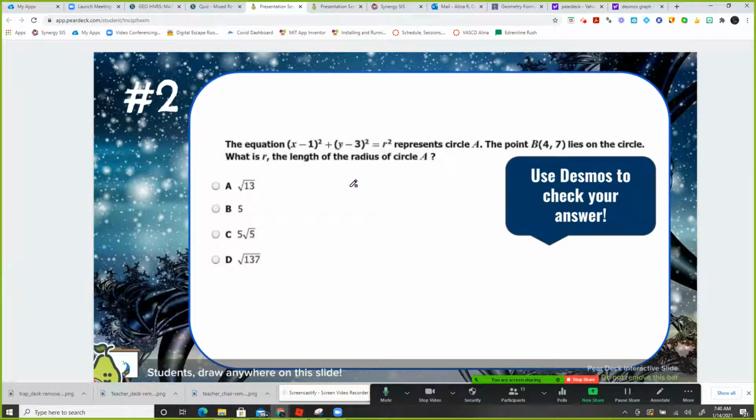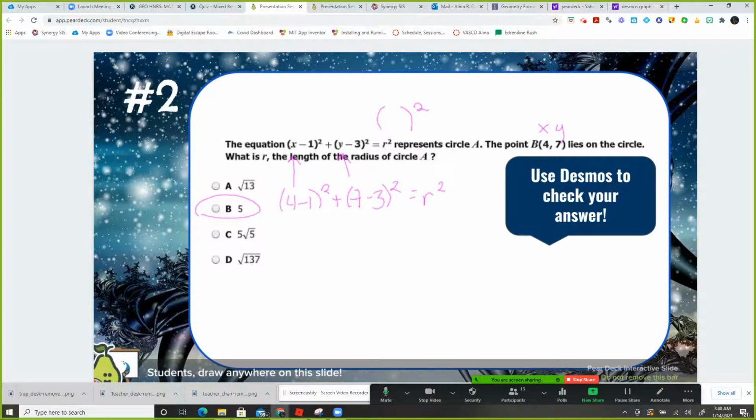So we established that the correct answer is 5 using Desmos and making sure we put the radius squared in, right? But I have an X and I have a Y, and I was super happy to see a lot of people substituted. So if I put my 4 in here, (4 minus 1) squared, plus, and I put my Y in here, (7 minus 3) squared equals R squared.